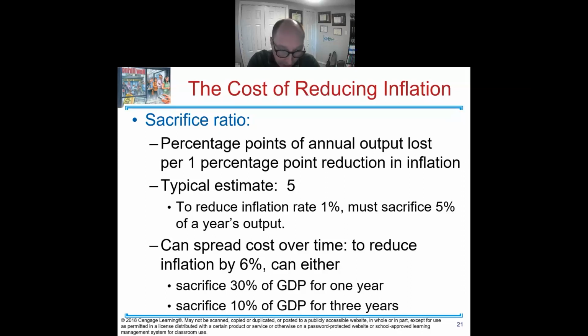This can be spread over time to limit this sacrifice. But still, there will be a sacrifice to gross domestic product.